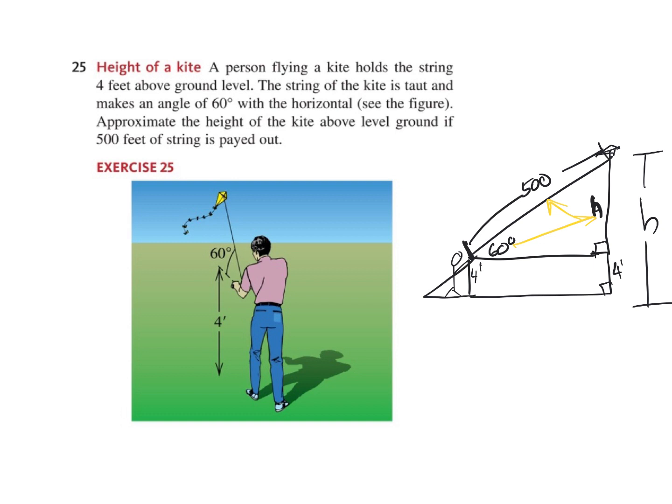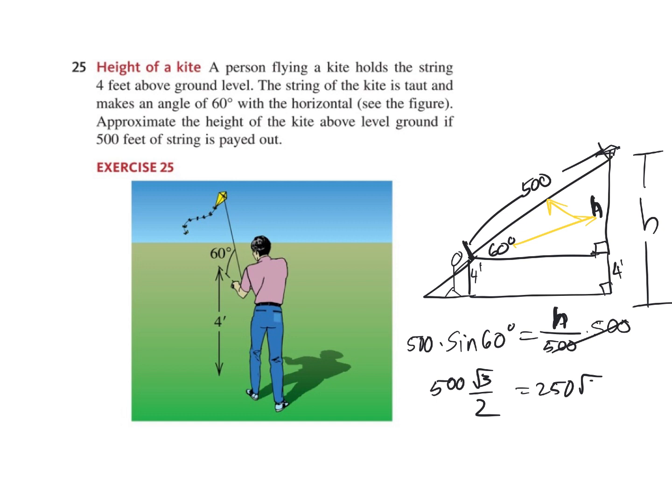So that's sine. So the sine of 60 degrees is equal to h over 500. Multiplied by 500. And what is the sine of 60 degrees? The sine of 60 degrees is square root of 3 over 2. So that'd be 250 square root of 3 plus 4 feet.